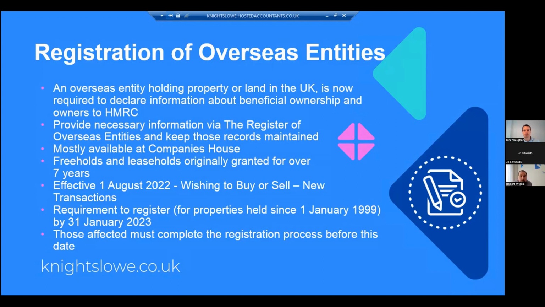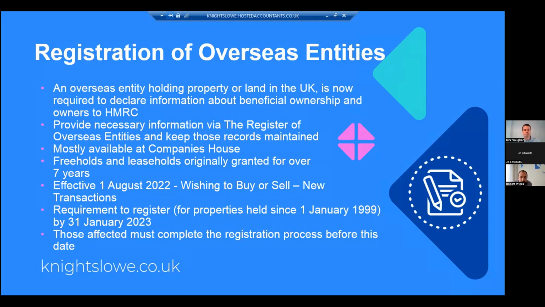So what HMRC are doing is they're implementing a new register, which anyone who has a company registered overseas will have to abide by. And these rules have come in already, 1st of August 2022, for anyone who wants to buy or sell land within a foreign entity.